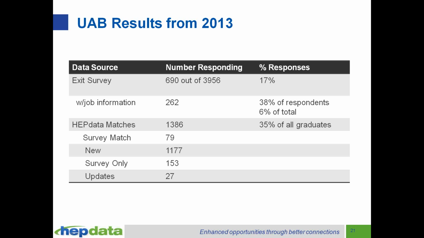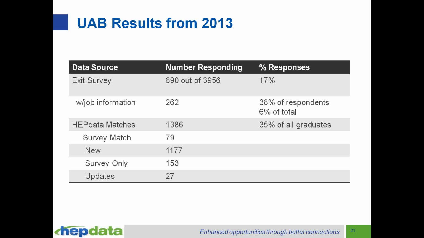We have seen tremendous variation in the response rate on exit surveys depending on the policies you have at your university. Some universities are really good at getting very high response rates. Out of the 690 that reported on the exit survey, only 262 had job information, so 38% of respondents had a job.